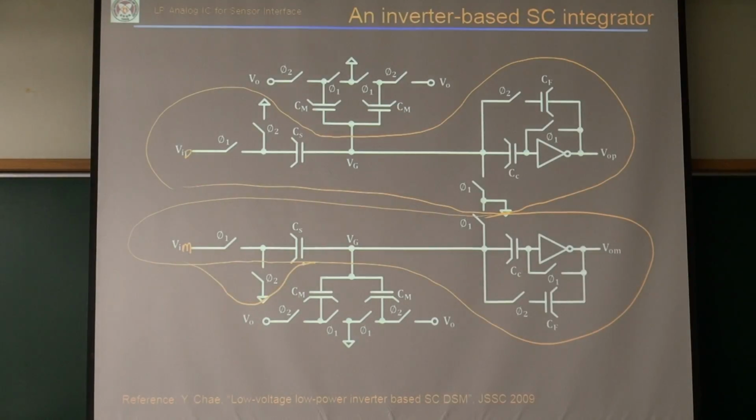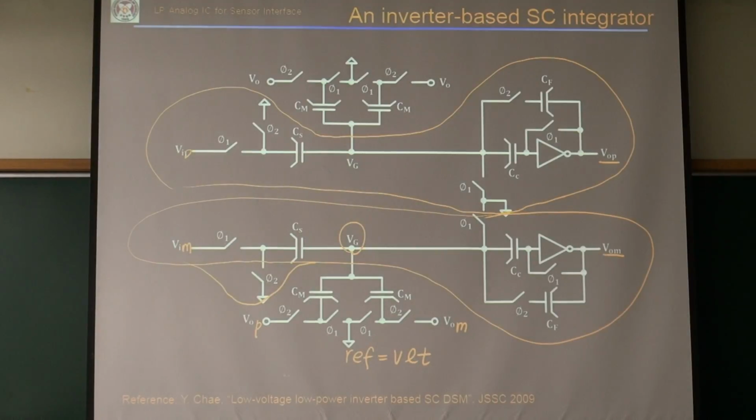Then this part is also the same, just a copy. There is a common mode feedback. So those VOP, VOM are there. This is VOM, VOP, and then there is this virtual ground, right? So there is a switch capacitor.